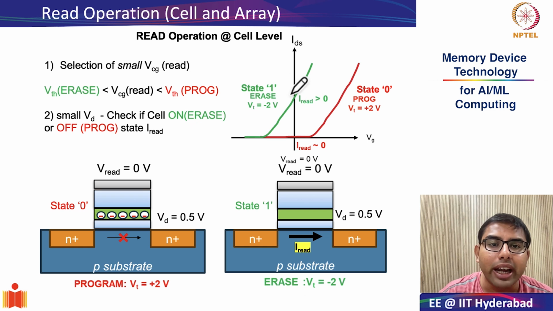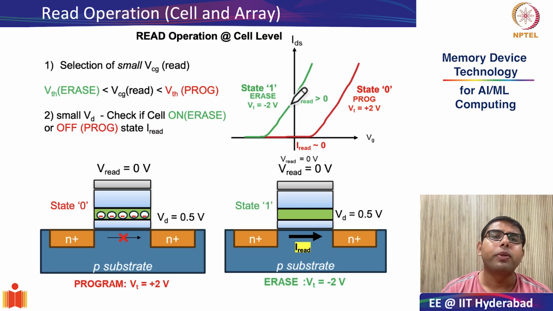So this is the very simple mechanism of read operation at the cell level. You select a small control gate bias, which is in between the threshold voltage of erase and program state. Then you apply a small drain bias to check whether the transistor is on. If it is on, it is in erase state. If it is off, it is in program state.